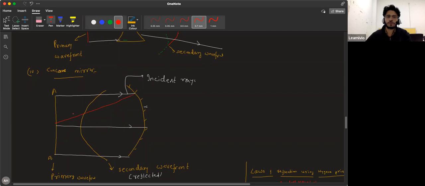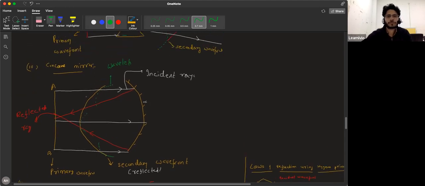These red lines represent your reflected rays. Now you have to show wavelets also, so put these arcs here. These green arcs are your wavelets. Note it down. Then we'll do the convex mirror.